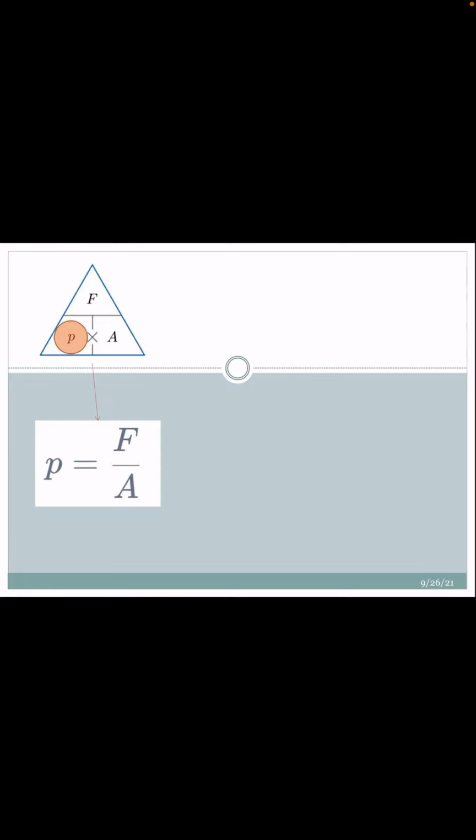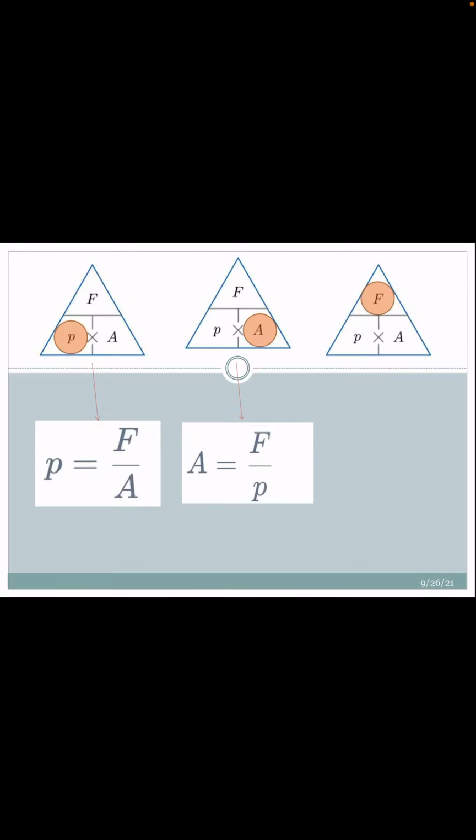Now, we will find the second quantity. Here, I am going to show you how to find area. Cover up area and look at the triangle. It's force, horizontal line, then pressure. That means force divided by pressure. So, area is equal to force by pressure.